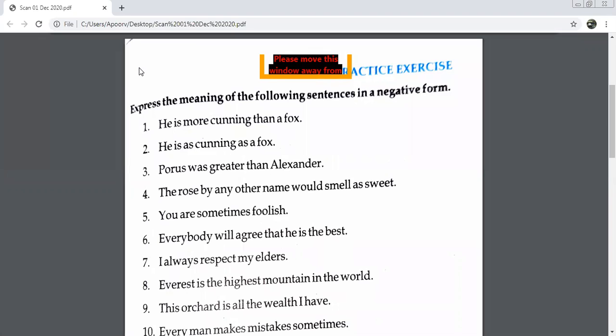How much syllabus is left in physics and chemistry, beta? How many chapters are left in physics and chemistry?